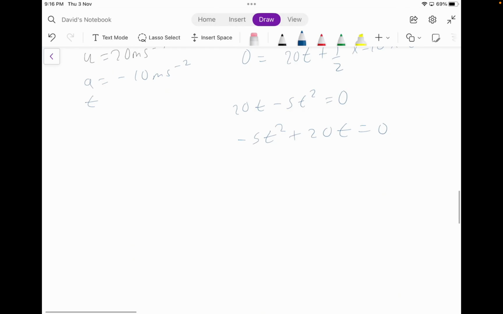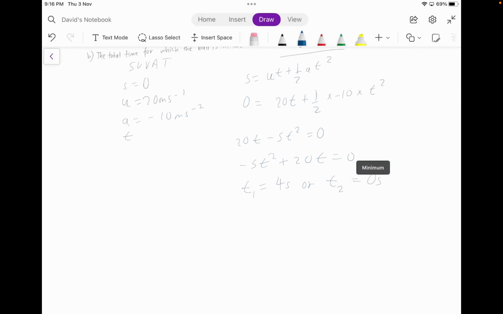Now this is a quadratic equation, so I'm going to use a calculator in order to solve it. Do check out the other videos on how to solve quadratic equations. Using negative 5 and 20, you're going to get two values for t in this case: t1 is 4 seconds, or t2 is 0 seconds.